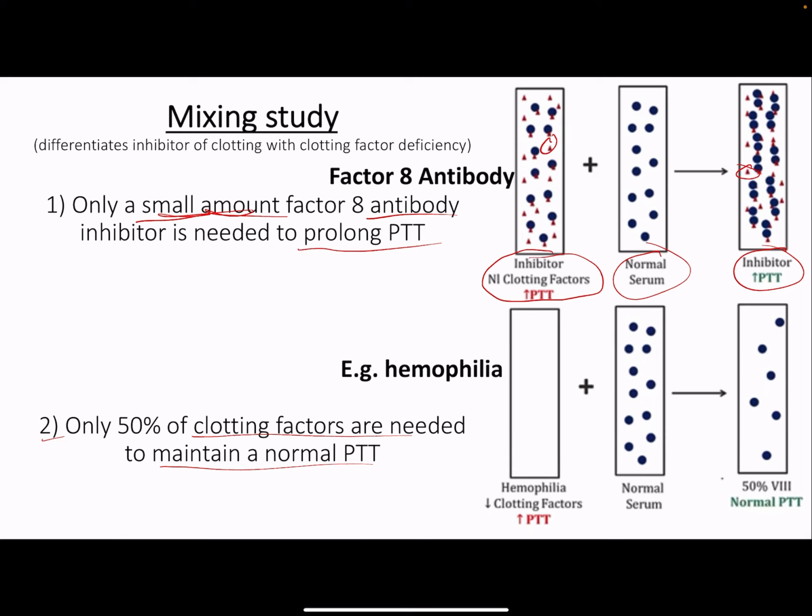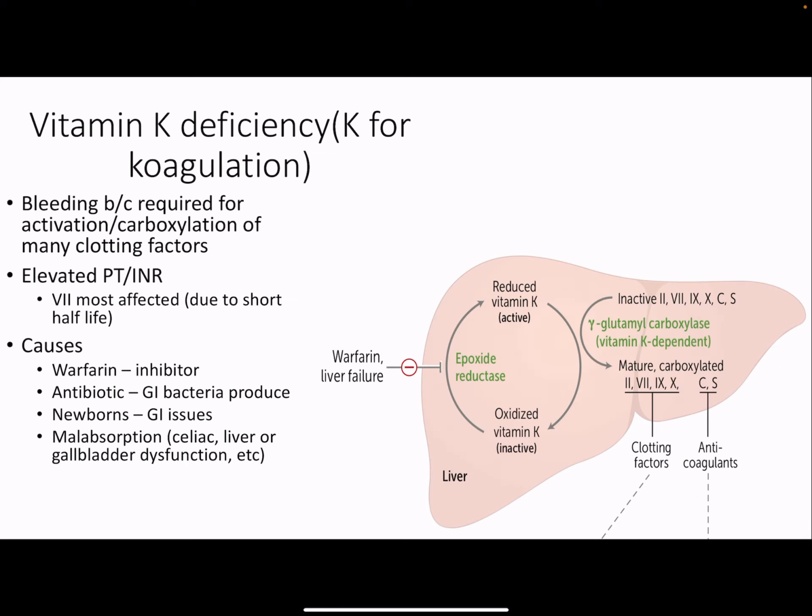On the other hand, let's say that the issue is that someone has hemophilia. So now they don't have any inhibitors, but just notice there's nothing there. They don't have the factor 8. Now you mix this with the normal serum, and it's 50%. And our point is you only need 50% to be normal. And in reality, it's not actually that they'll have 0. They might have some. And so it's probably going to be a little bit higher than 50%. But nevertheless, you get the picture.